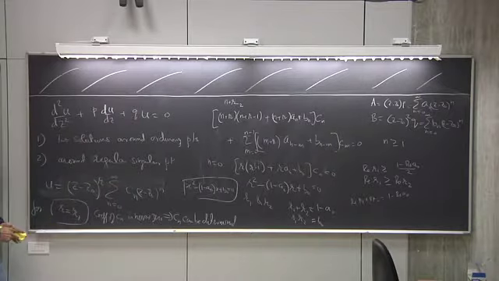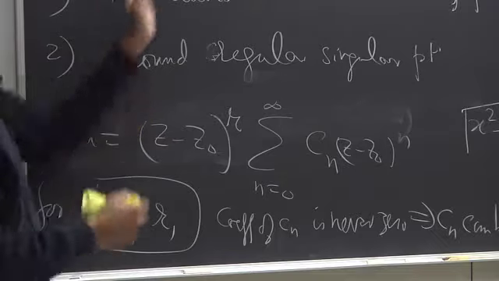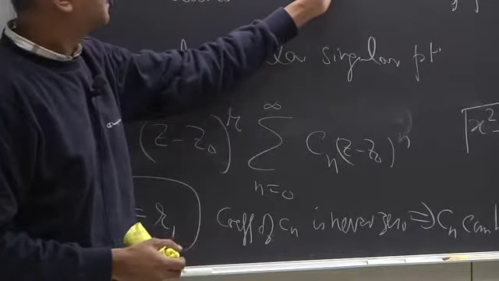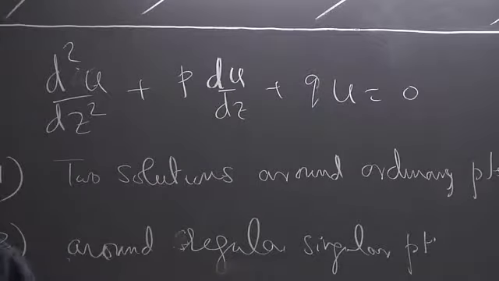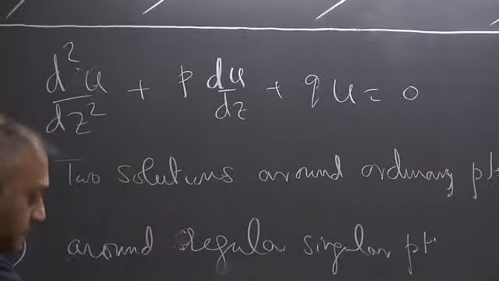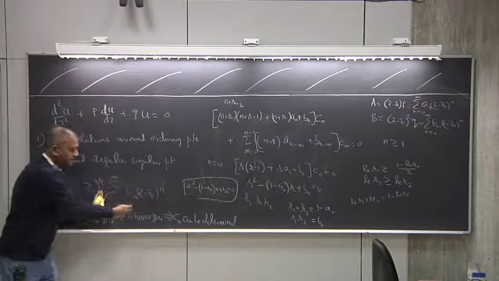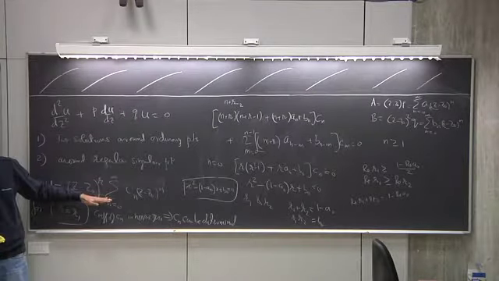So what we are saying is that when P and Q are not analytic, which is the case we are studying here, you don't expect U to be analytic. You expect U to have some singular behavior. But what I'm doing is including all the singularity here, and what multiplies it is an analytic function. So I'm assuming that there is a form like this.